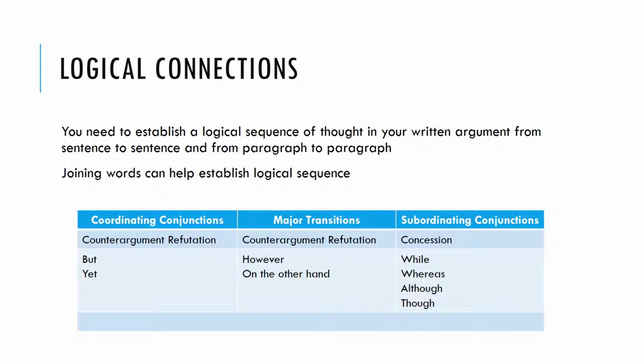It shows you how to use each one of the joining words in a way to help with transitions. So if you're doing counter-argument refutation, you can use but and yet. If you have major transitions and you're doing counter-argument refutations, you can say things like however and on the other hand. And if you're conceding a point, you can just say whereas or although and so on.